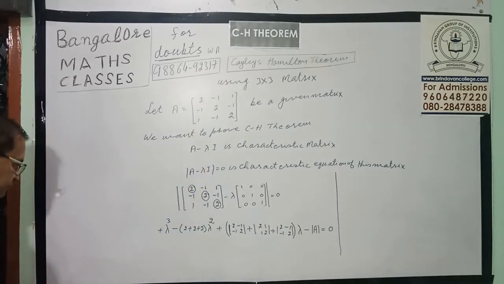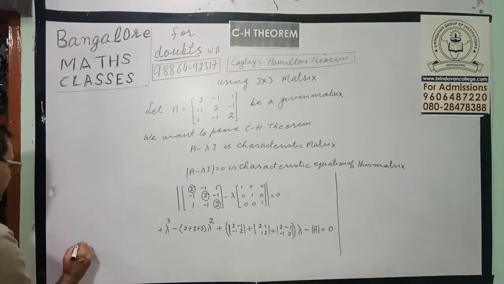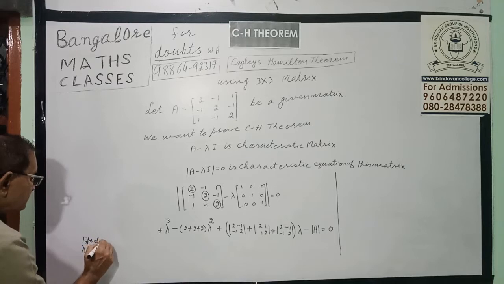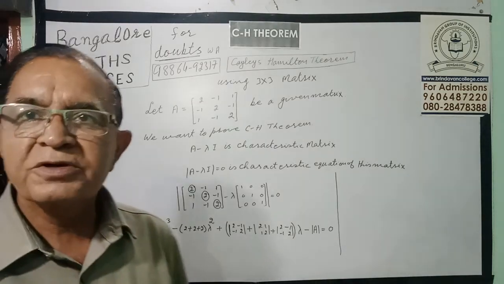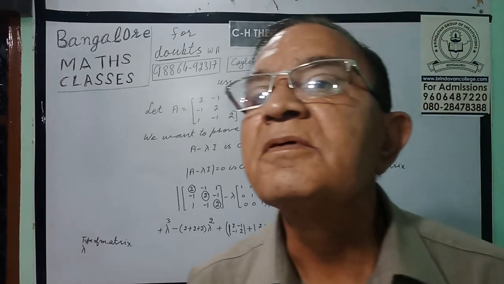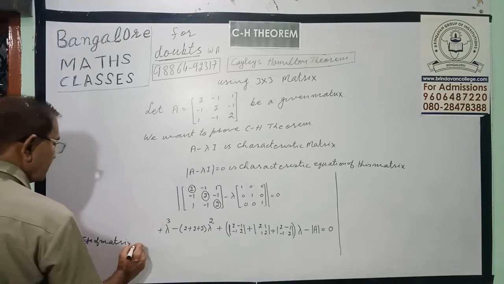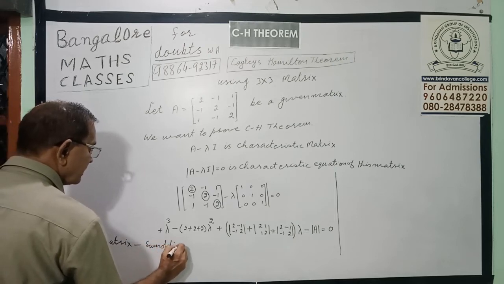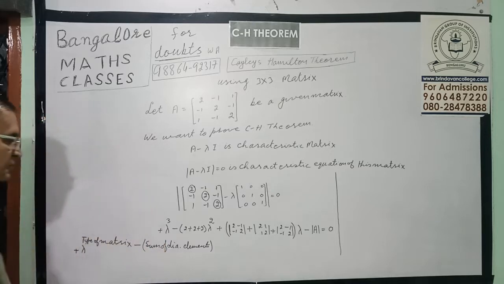Here I am going to write it. Lambda to the power of the type of the matrix, that is, first put lambda, then the type of the matrix, with a positive sign, minus the sum of the diagonal elements times lambda square.